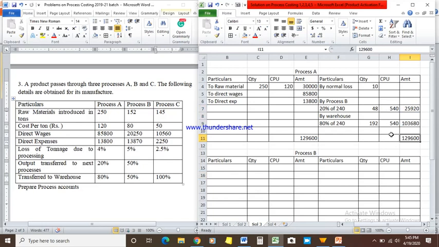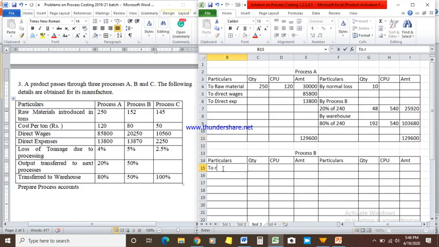So this 540 is ascertained by dividing 129,600 by the good number of units, that is 250 tons minus 10 tons, we get 240. So that cost per unit of good units needs to be assigned to both of them. Now to process B.